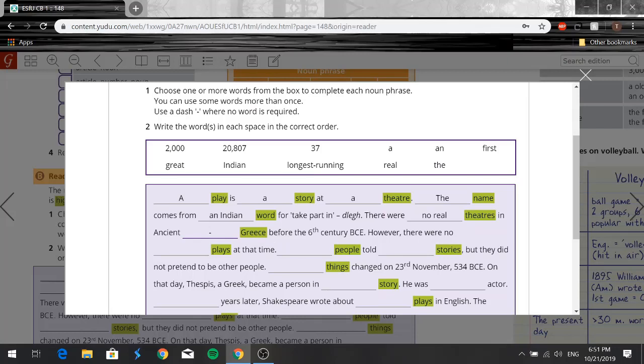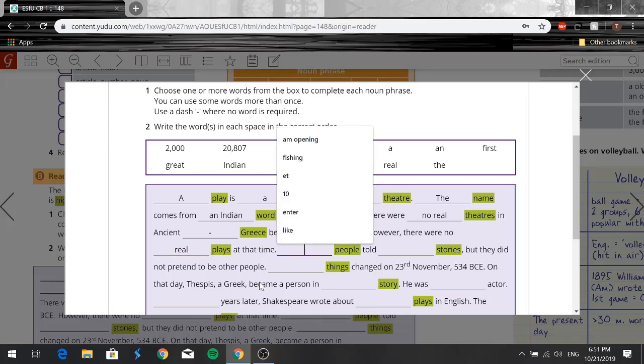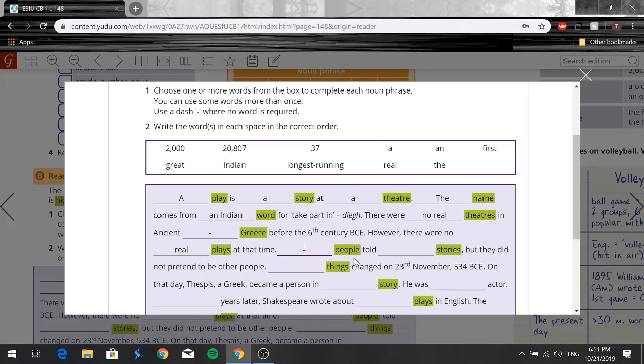However, there were no dash plays. There were no, we'll say real, right? There were no real plays at the time. People told, alright, well, we have this empty space, so we'll just simply say people told, again, dash, don't need to add anything here, dash stories, but they did not pretend to be other people.